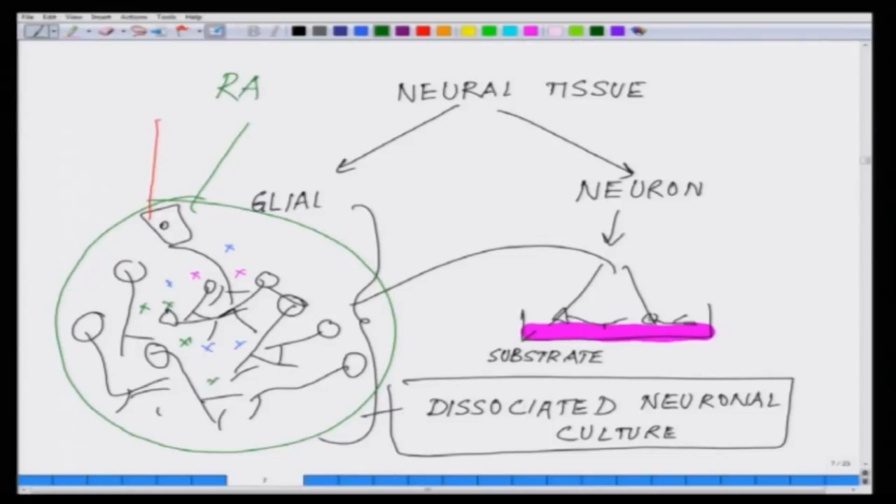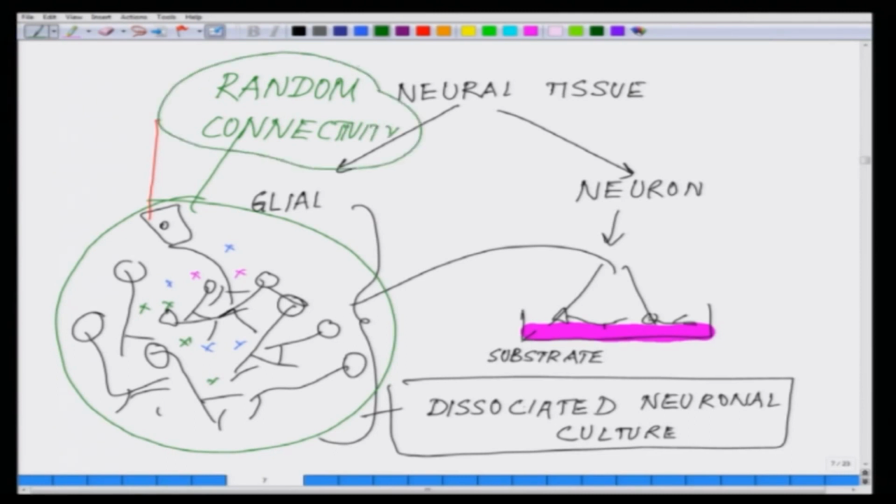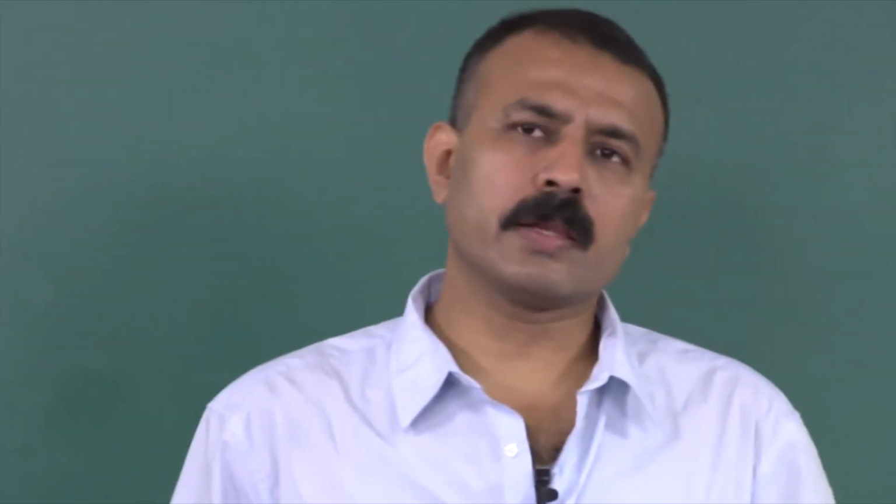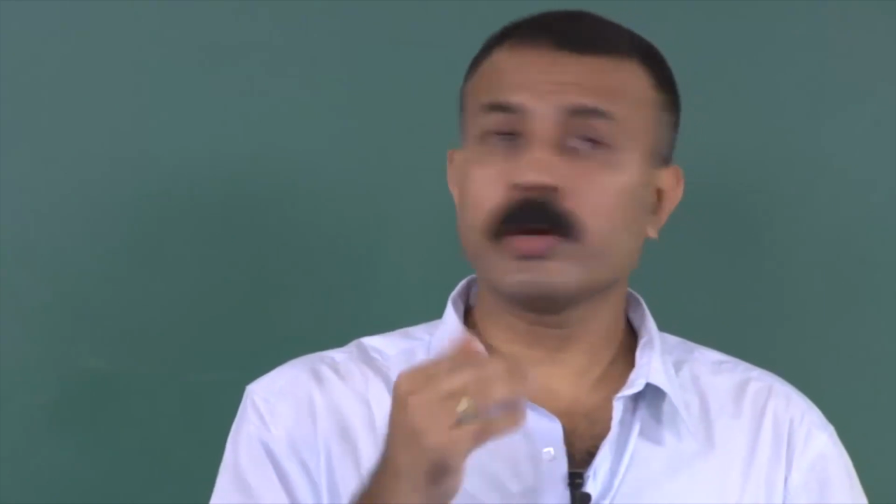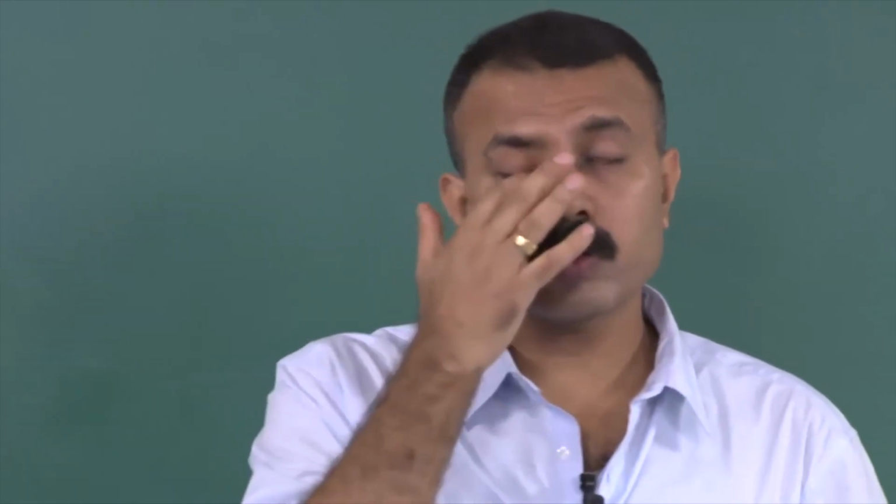You do not have any control on their connectivity. So, this network is forming in a very random manner. You really cannot dictate how many synapses are forming, and eventually it becomes really cumbersome to detect.